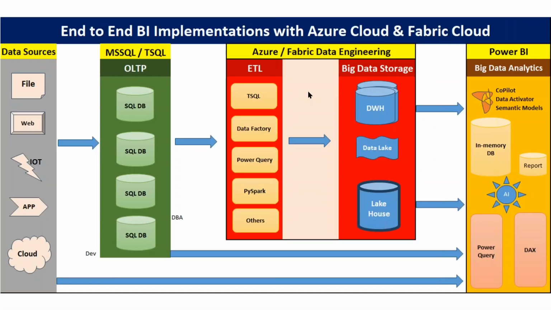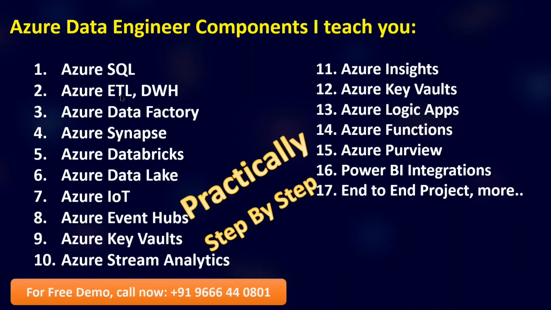So data engineers will be involved in various components like Azure SQL, Azure ETL, Data Factory, Synapse, Databricks, Data Lake, IoT, etc. Because in the job description, we should know exactly what they are asking, because they may have a combo like engineer plus admin or engineer plus analyst or admin plus analyst.